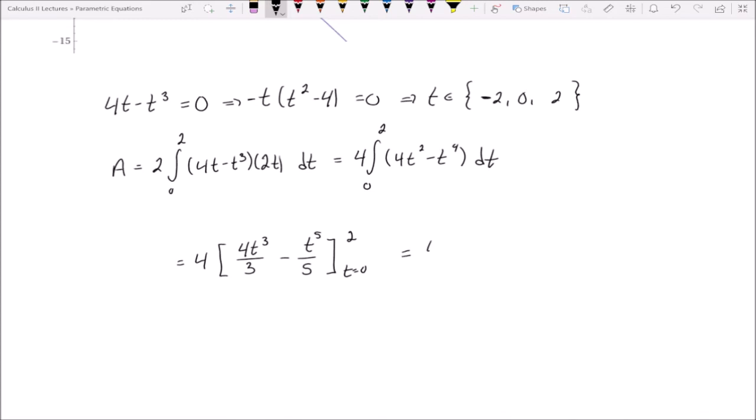So 2 cubed is 8 times 4, 32, so 32 thirds minus 32 fifths.